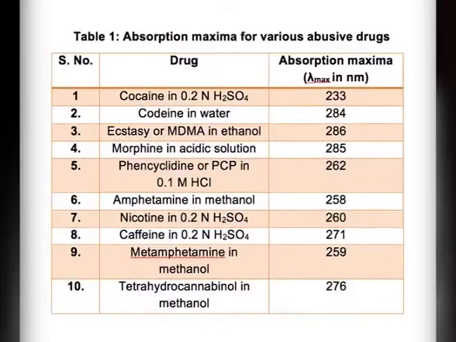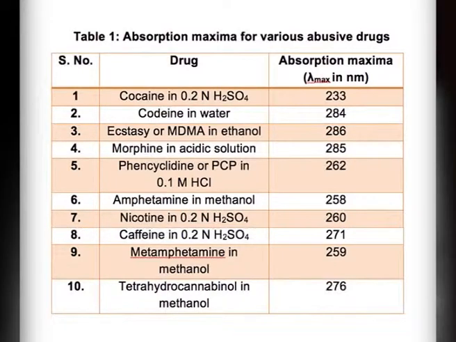The value of lambda max in nanometers for various abusive drugs is given here in the table. Table 1 shows that drugs like cocaine in 0.2 normal H2SO4 absorb at a lambda max of 233 nanometers. Codeine in water absorbs at 284 nanometers, and ecstasy or MDMA in ethanol shows a lambda max at 286 nanometers.